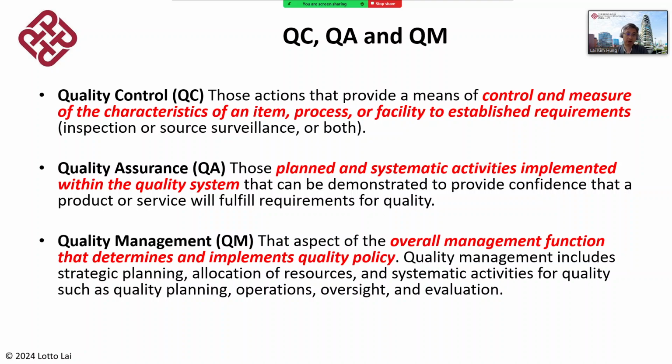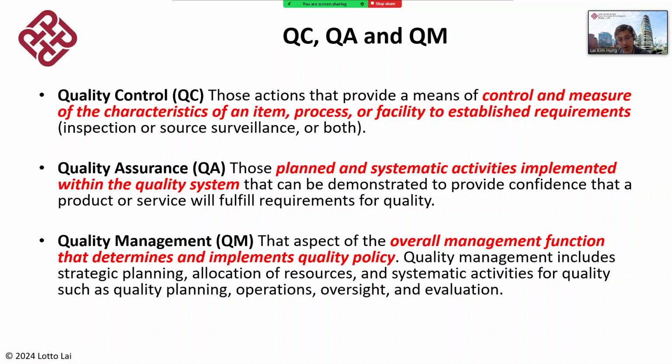However, at the second level, we use quality assurance. It is a planned and systematic activity implemented within your quality system to demonstrate, or provide the confidence, that your product and service fulfill the requirements as planned in the quality aspect. So usually in the system, you have regular internal quality audits and management system reviews, etc. Quality management is the overall management function that determines and implements your quality policy.